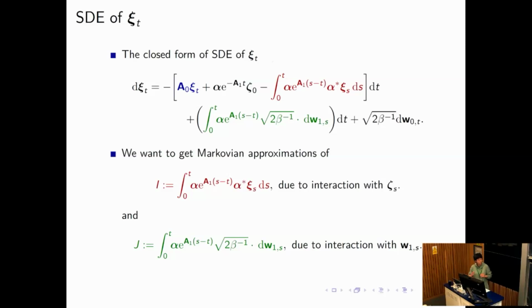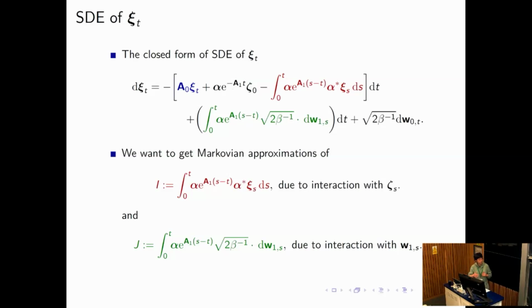Therefore, in order to write the system only in terms of Kc, the interaction from the under-resolved variable comes into this memory integral. The green term also accounts for the memory effect because we also throw away the thermal noise acting on the under-resolved variable.